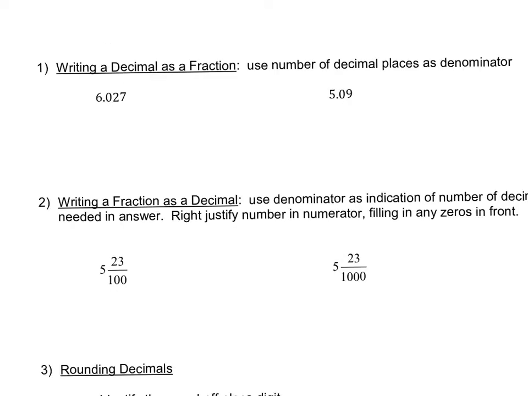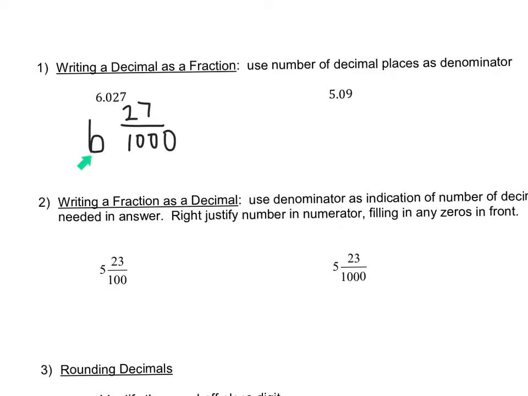So moving on to the next page, we now are going to write a decimal as a fraction. So we use the number of decimal places as our denominator, the bottom number. So we have 6, which is the whole number part, and 27, we have tenths, hundredths, thousandths.